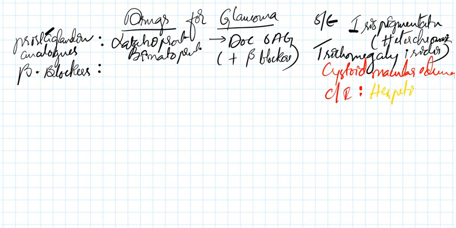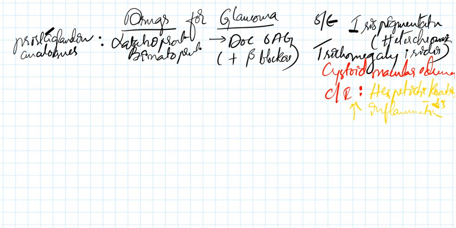Why? Because they increase inflammation. What is the action of prostaglandins? Prostaglandins simply increase the inflammation. Wherever they are, they increase the inflammation.